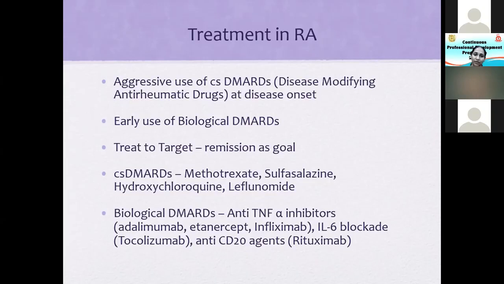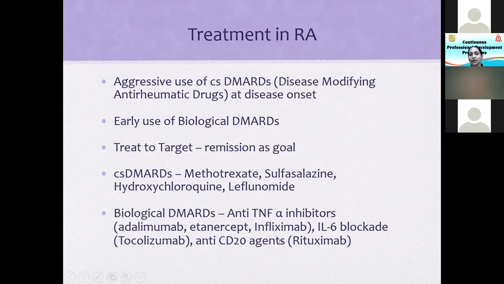What are the common biological DMARDs that you know of? Anti TNF alpha inhibitors are very commonly used, like adalimumab, etanercept, infliximab, that are used in rheumatoid arthritis. Some of these drugs, etanercept, infliximab, are available to us as well. Then interleukin 6 blockade like tocilizumab can be used.